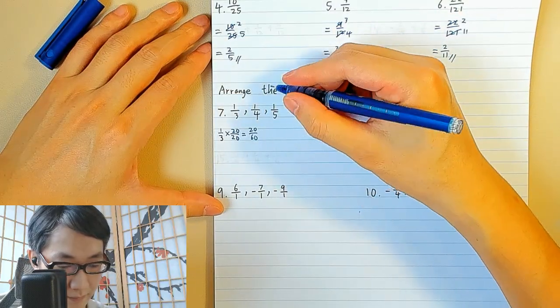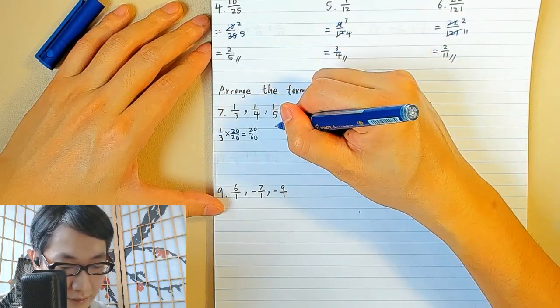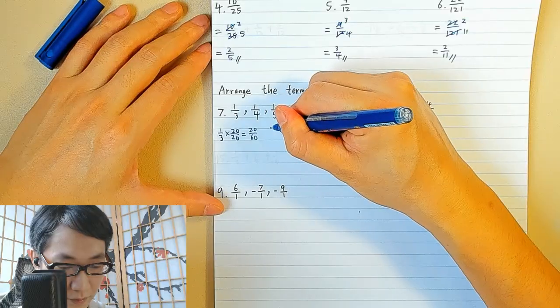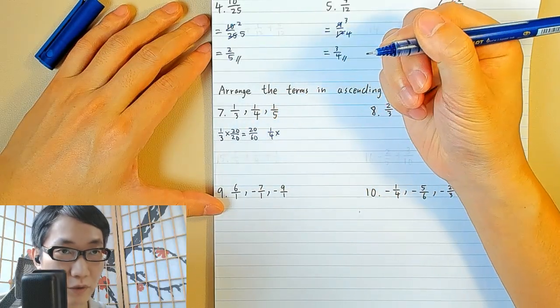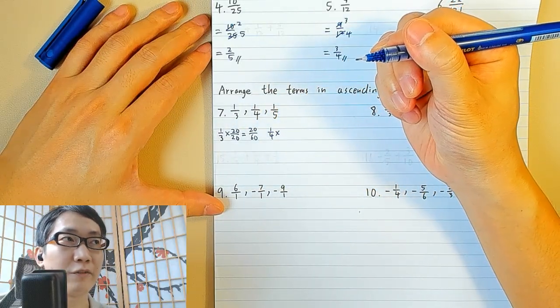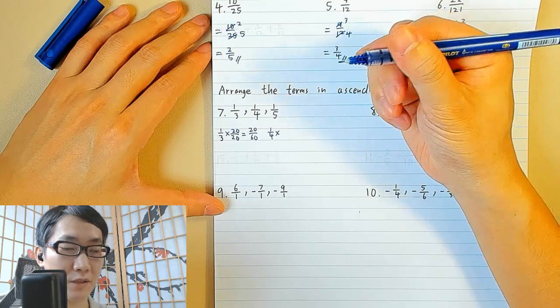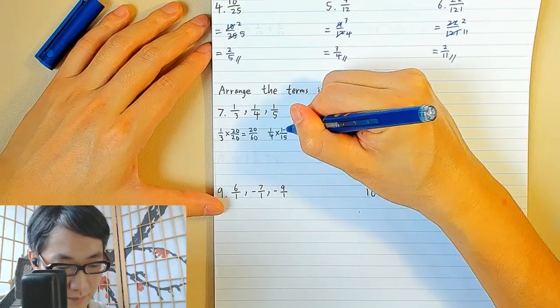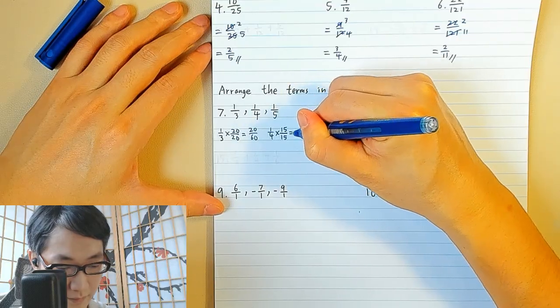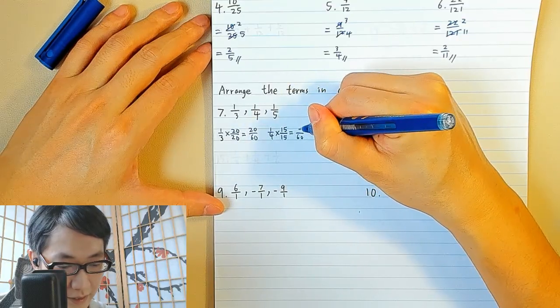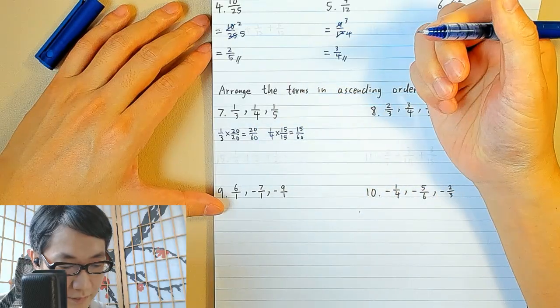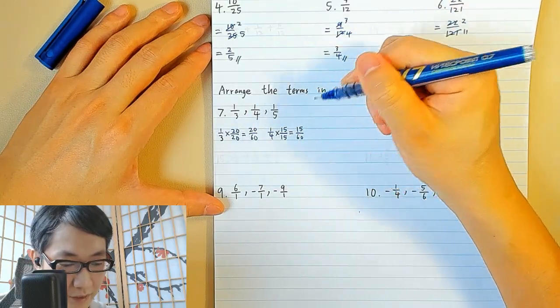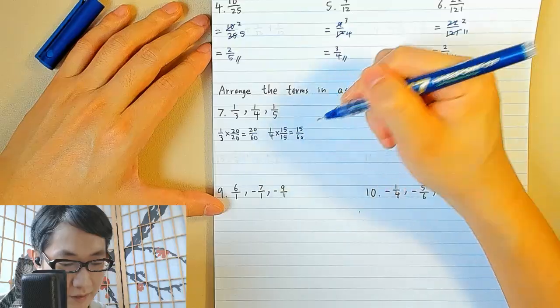And then similarly, I do this to 1 over 4. If I want to turn it into 60, I have to multiply it by 15. Okay. So 60, and the numerator will be 15. Okay, 1 times 15 is 15. 4 times 15 is 60.